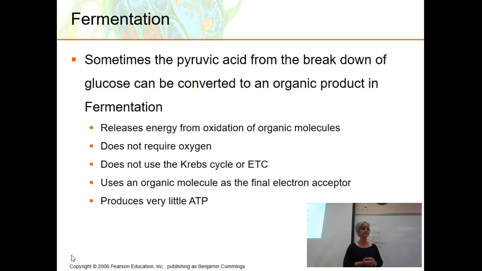However, instead of then turning it into acetyl-CoA and taking it into the Krebs cycle, if they are fermenters, they will take the pyruvic acid and turn it into either alcohol or lactic acid. Those are the two types of fermenters that we have.